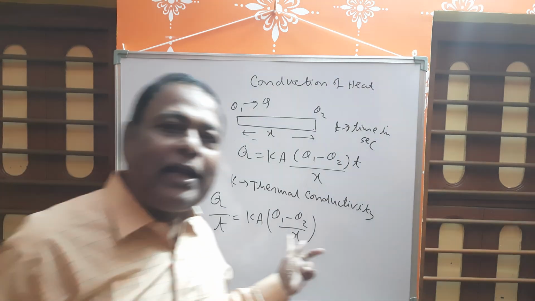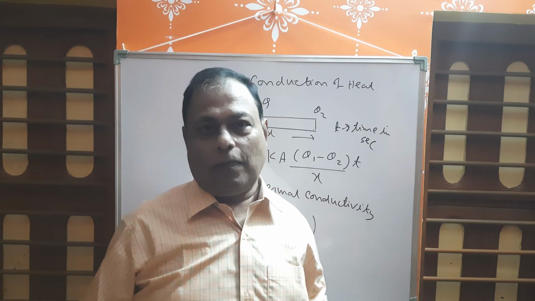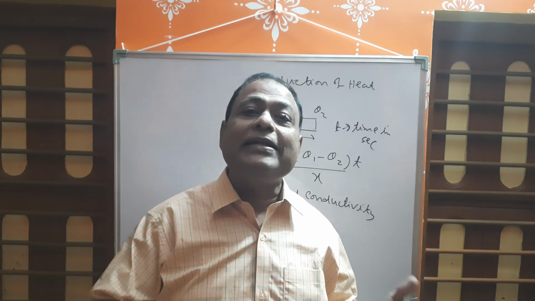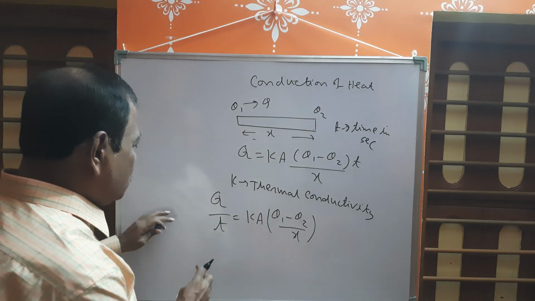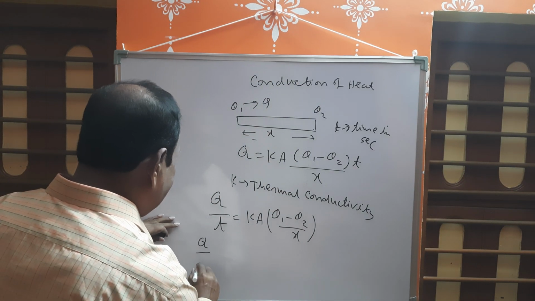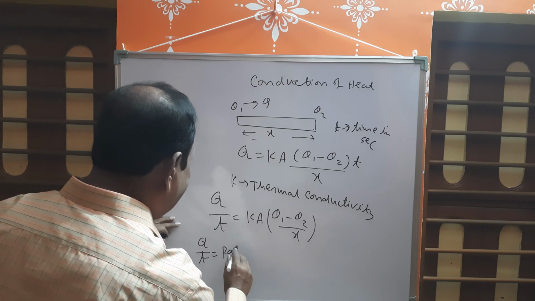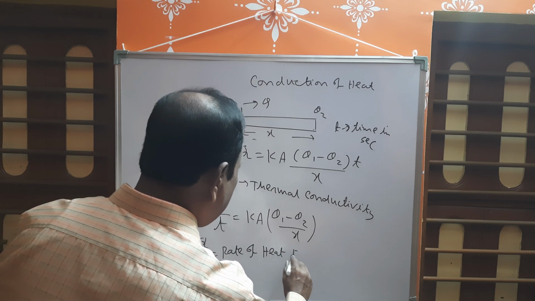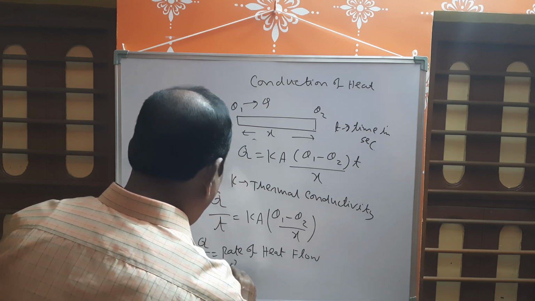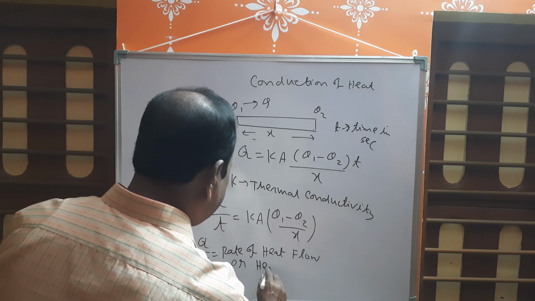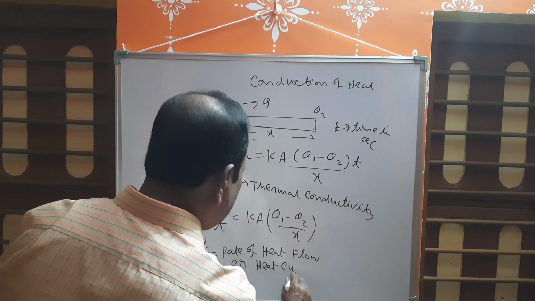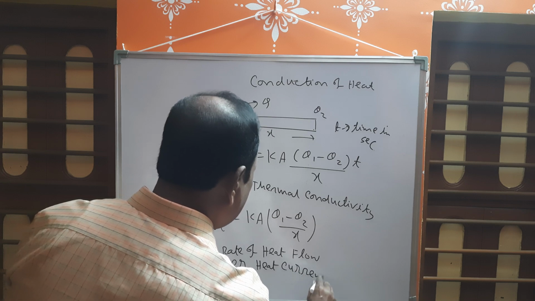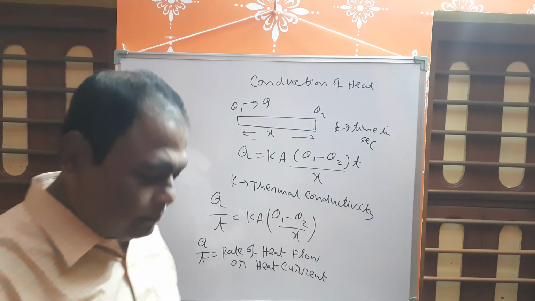This Q by t means rate of heat flow. Rate of heat flow has another name, heat current also. So Q by t is called rate of heat flow or heat current.